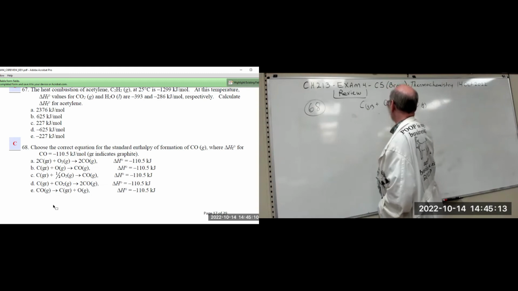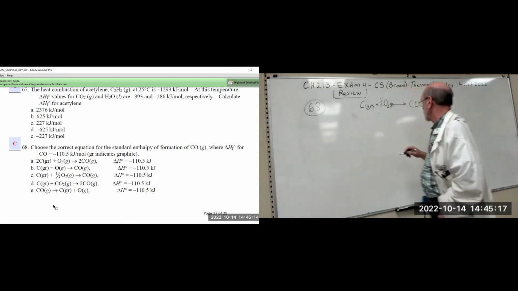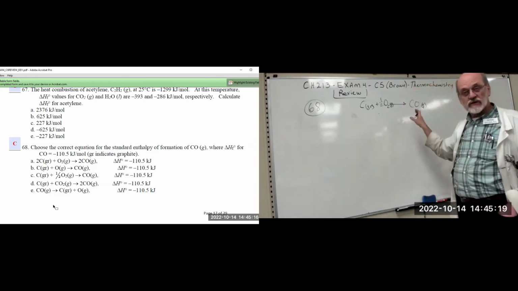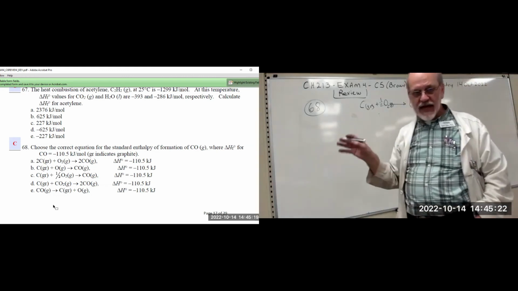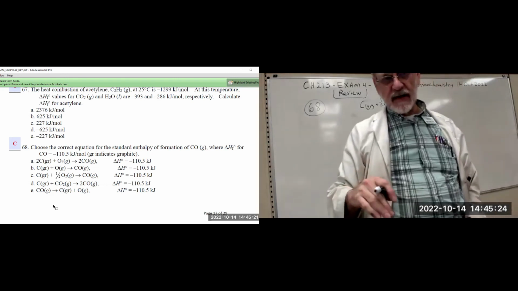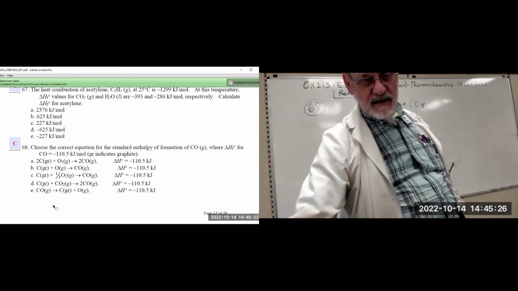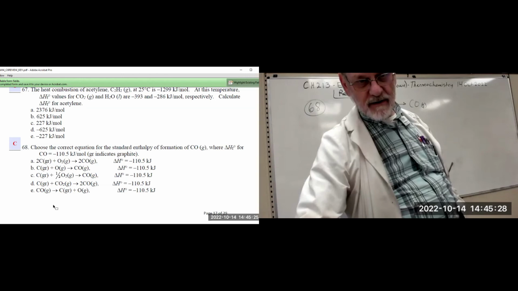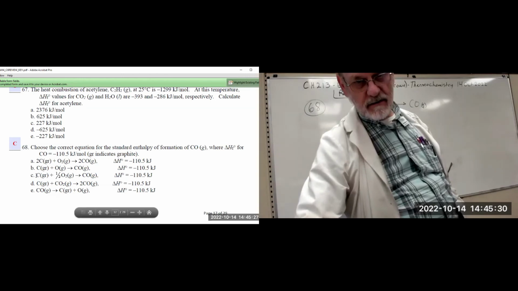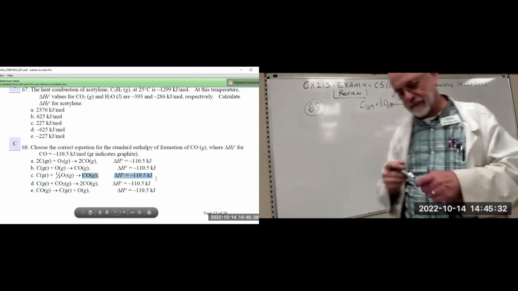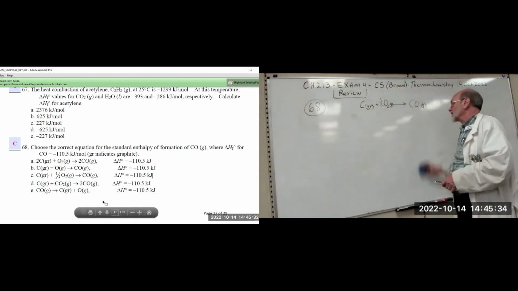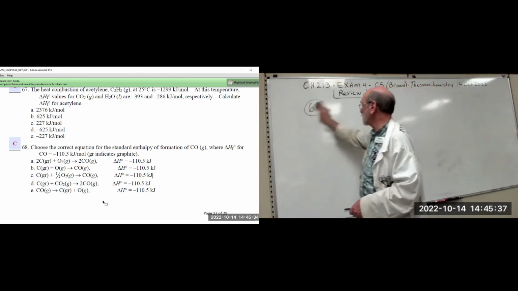And 1 oxygen here, so we need a half. So that's the equation. Carbon graphite plus a half oxygen yields carbon monoxide. And it looks like C satisfies that condition. Okay. That was fairly easy. Probably should have done that one first.